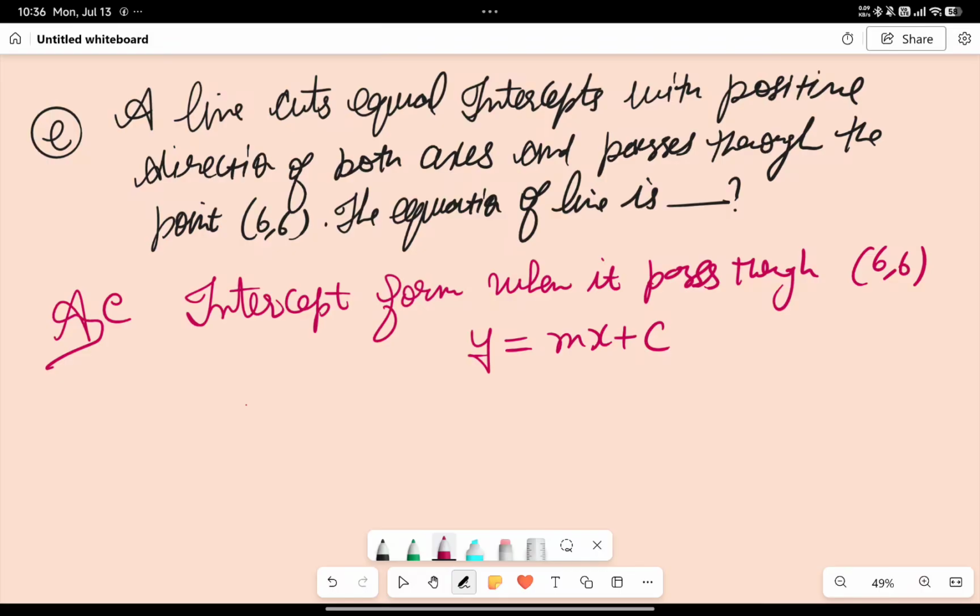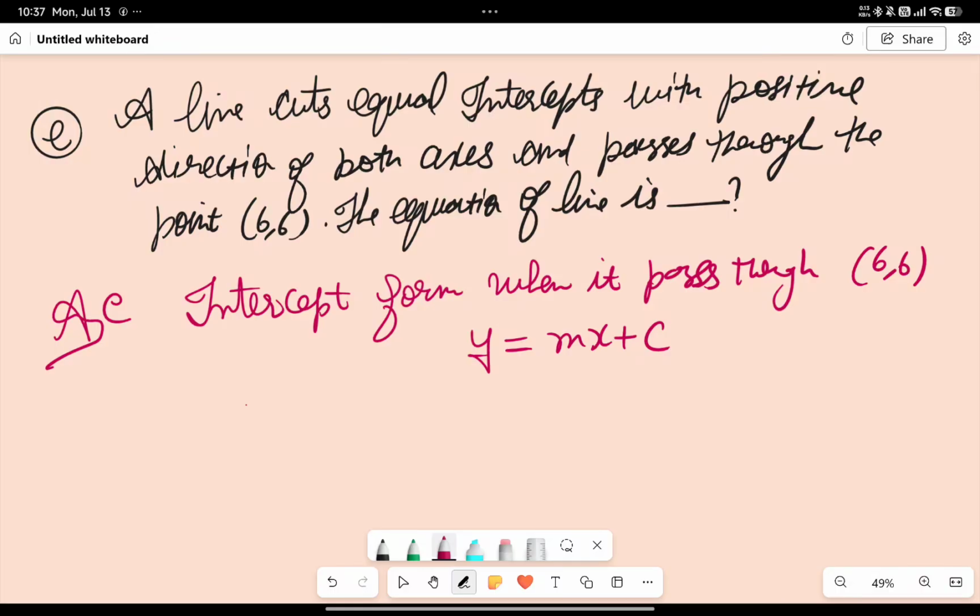Equal intercept means the m should be 1, I think so. M should be 1, right? Or I can say that I don't know about the intercept.